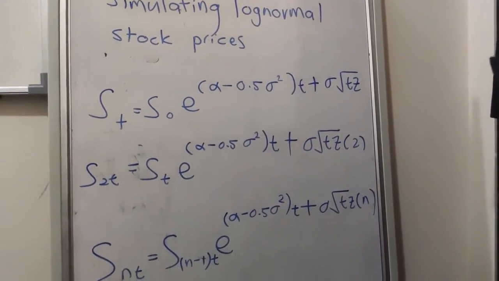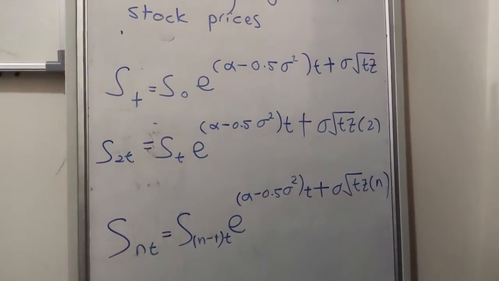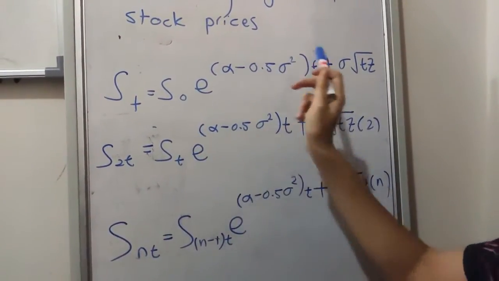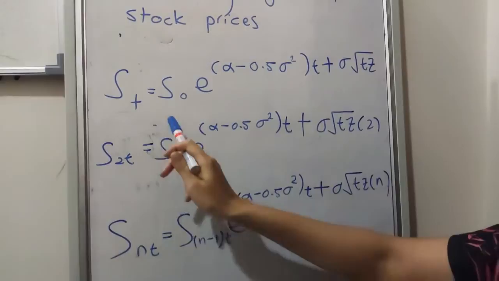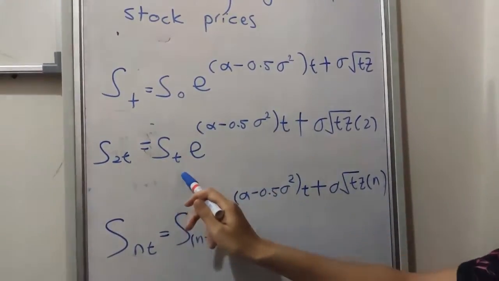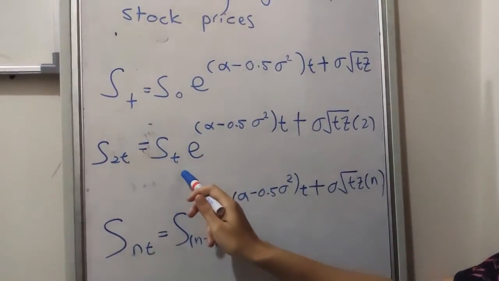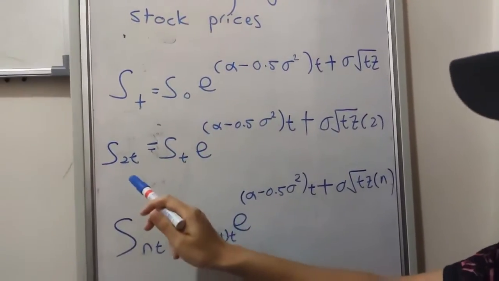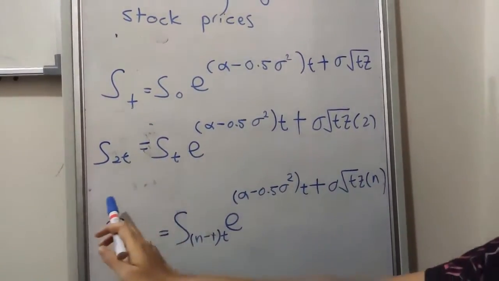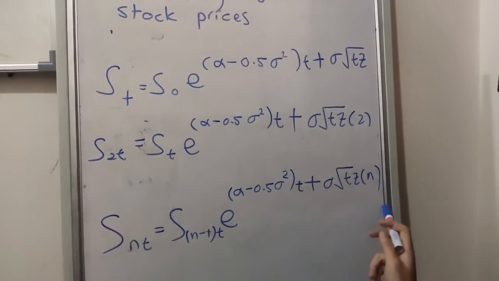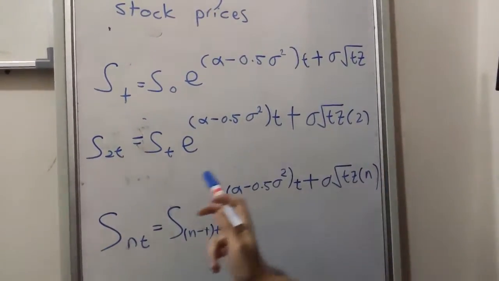If you want to calculate the stock price for the next t, we use the same formula, but replace S0 with the stock price from the previous t, or the previous year. So this is the base for the formula.